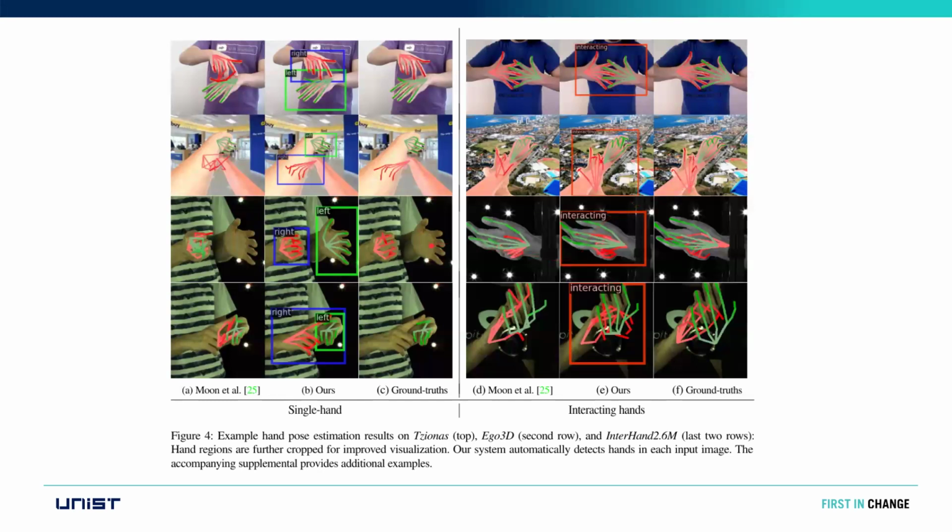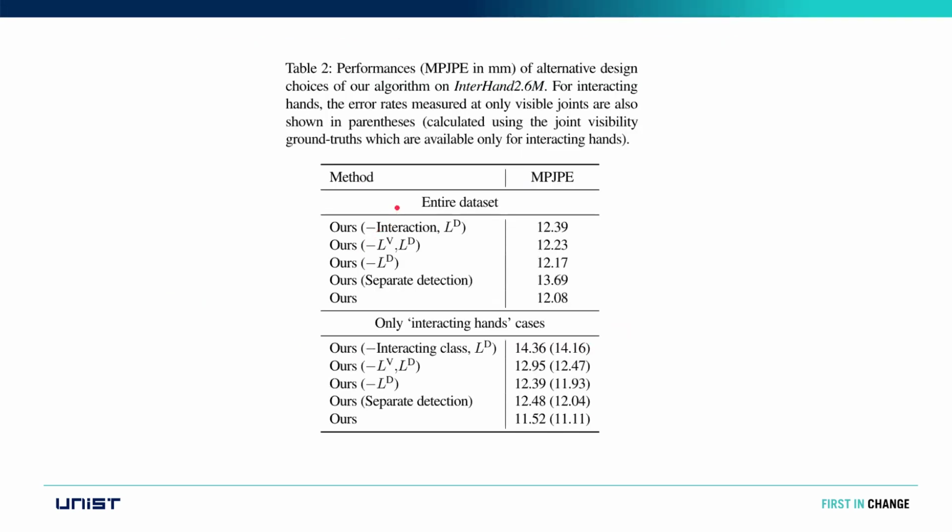And this is some visualization of their methods. Lastly, they perform an ablation study, because they wanted to see how much each of their components affects the overall results. They have two types of testing: the entire dataset and only interacting hands.